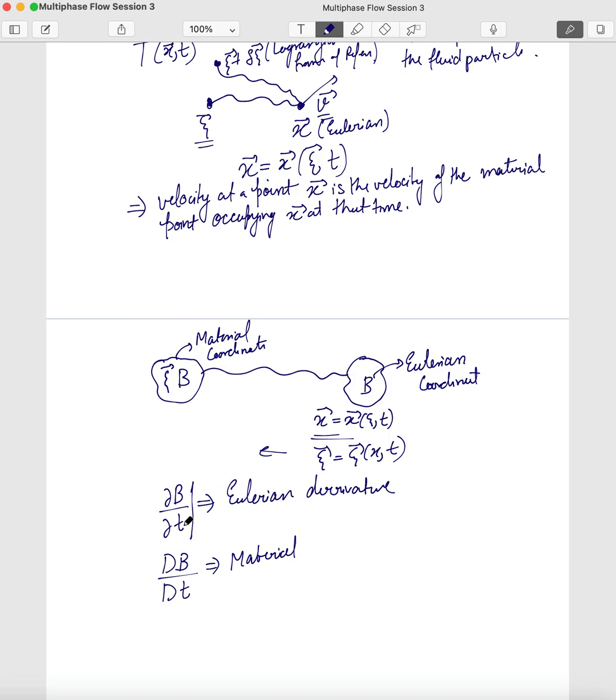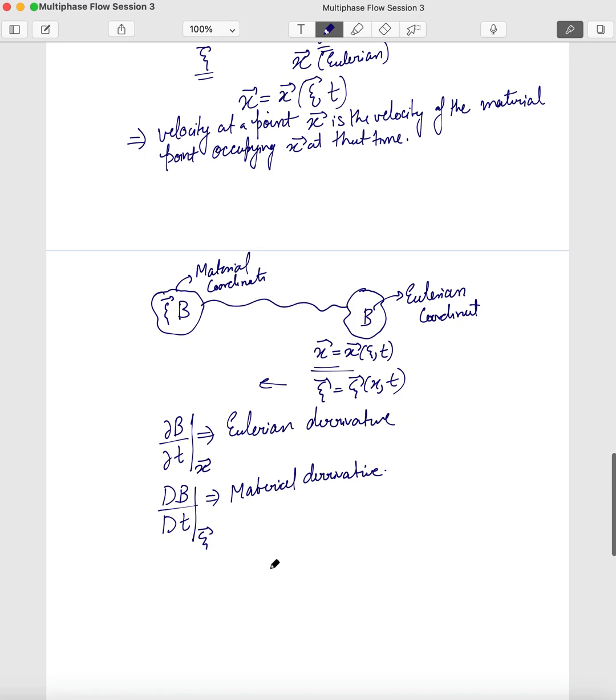So that is at a fixed point x, and that is at the fixed material point zeta. Okay, so this is at a fixed point, and this is a fixed material point.